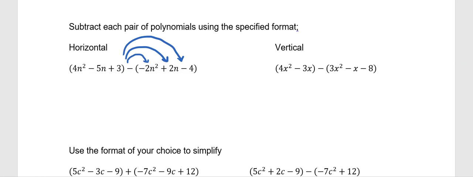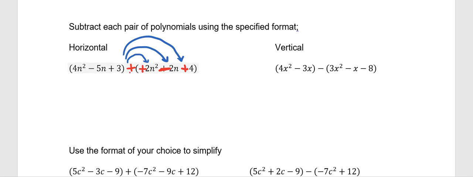So one alternative for you is to say that you're adding, but you're adding the opposites because you're distributing a negative. So it's like you're adding the opposite of negative 2, which is positive 2. You're adding the opposite of positive 2n, which is negative 2n. You're adding the opposite of negative 4, which is like plus 4.